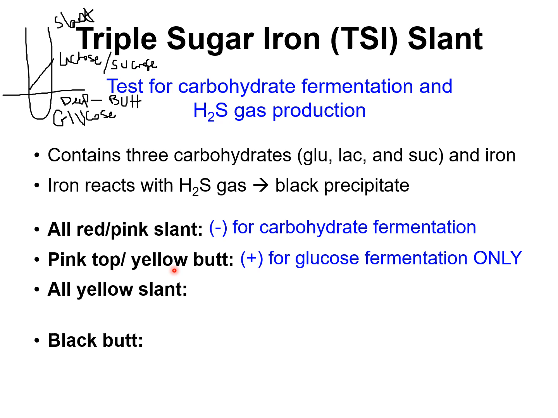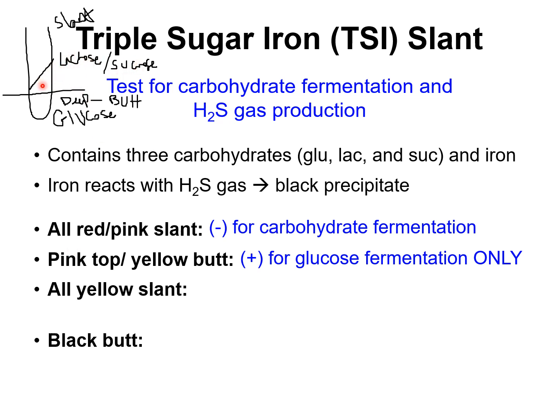The pH indicator changes color when your media turns acidic, basic, or neutral. So if the butt changed color and is now yellow, that means glucose was fermented. Remember how the butt tests for glucose fermentation? So if the butt turns yellow, it's positive for glucose. But if the top is pink, remember what is the top part? Lactose and sucrose.